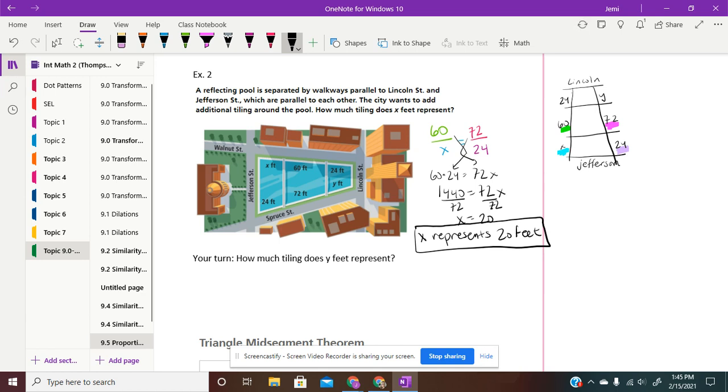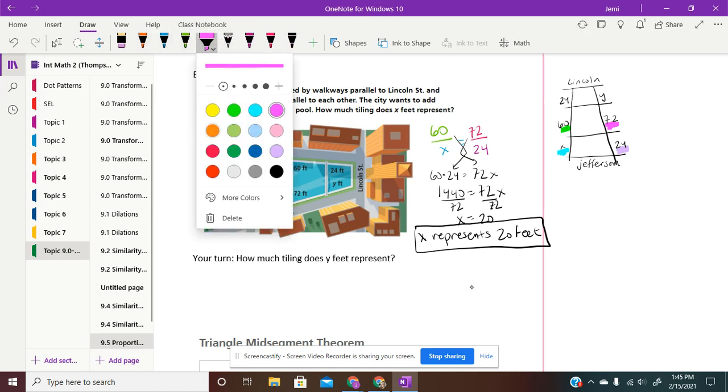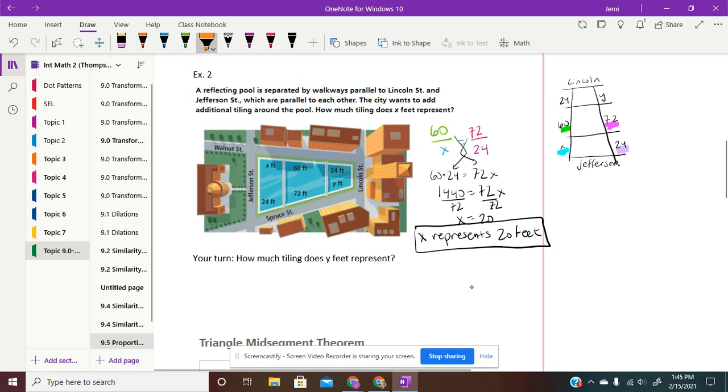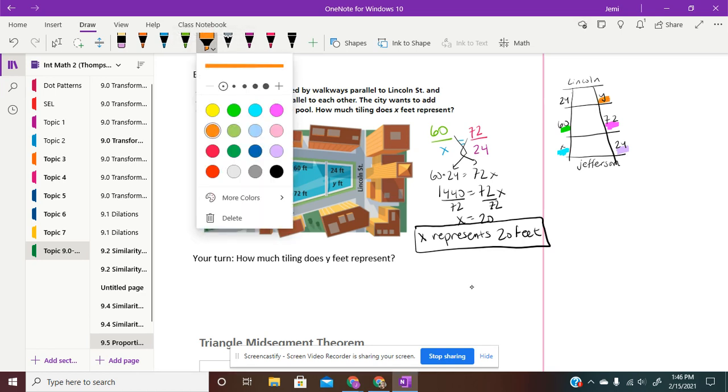Then the second question says, how much tiling does y feet represent? So in order to find y, I'm going to have to use this other ratio here, right? I need y, and I'm going to need y's counterpart. So I'm going to call that another color.